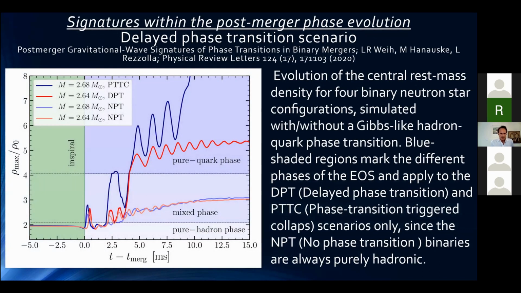This is now the following. These lines over there are the simulations where we have no phase transition. Here we have included a phase transition, and in both cases it begins at a little bit more than 2 times normal nuclear matter density, and the mixed phase region ends here at a little bit above 4 times normal nuclear matter density.